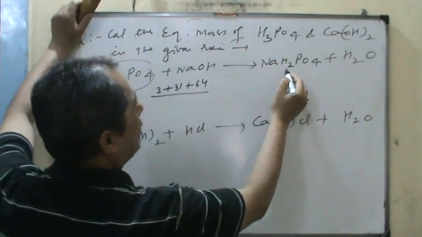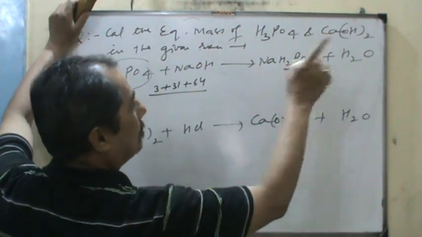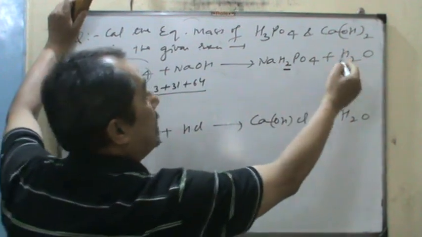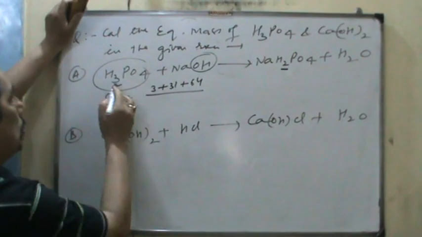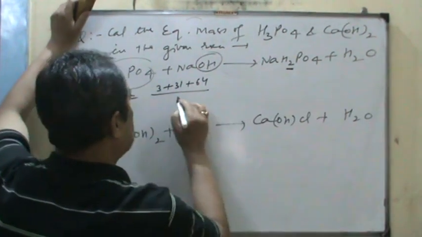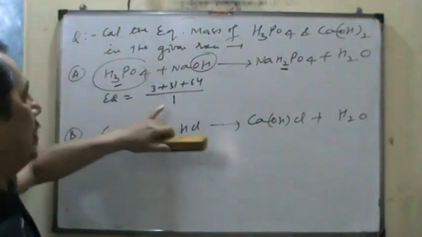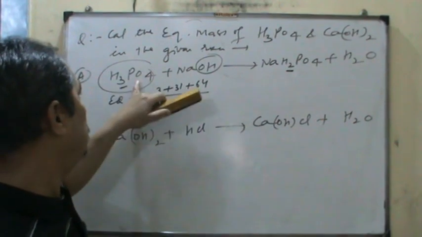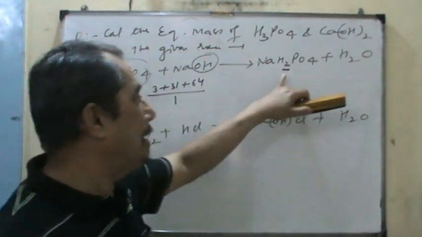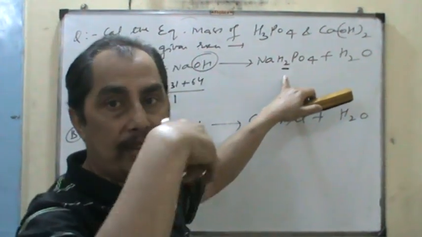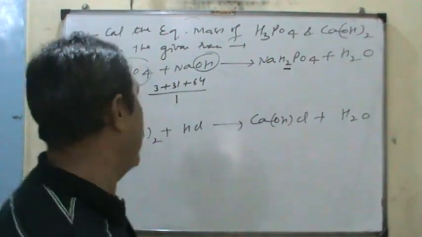It retains 2H, which means only 1H is provided in the solution to form a water molecule. Out of 3H, 2H is still linked. Therefore the basicity of this acid is only 1.